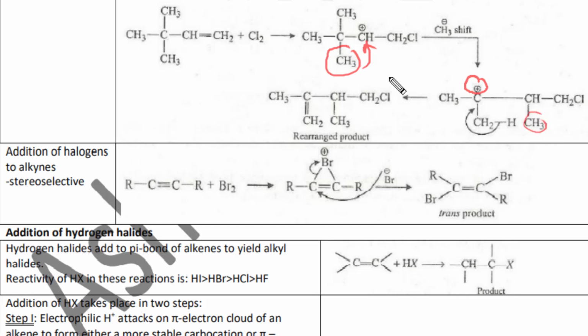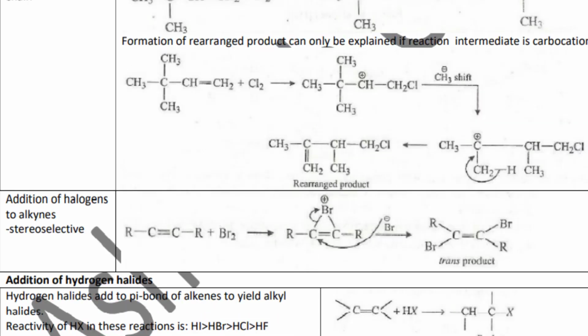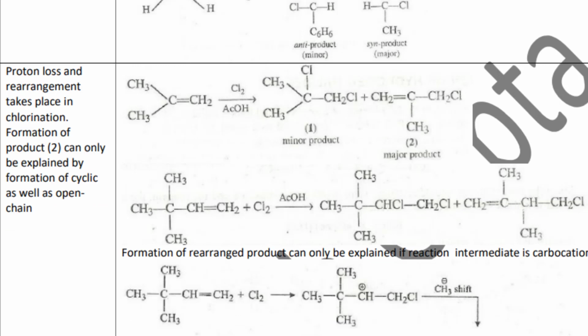So this CH3 is over here, the same one that has migrated, and then one of the protons gets detached and helps in the formation of a double bond. So rearranged product has this thing. So in chlorination, we are observing stereoselectivity and also the rearranged product formation taking place.